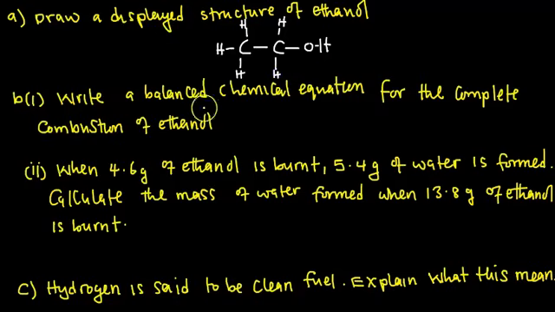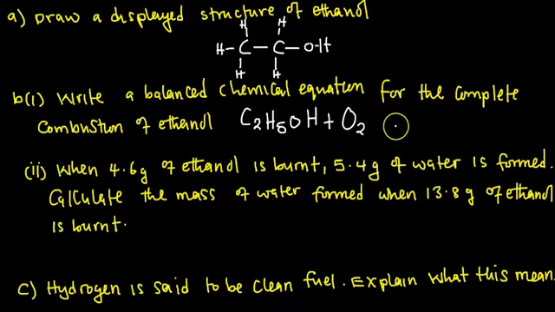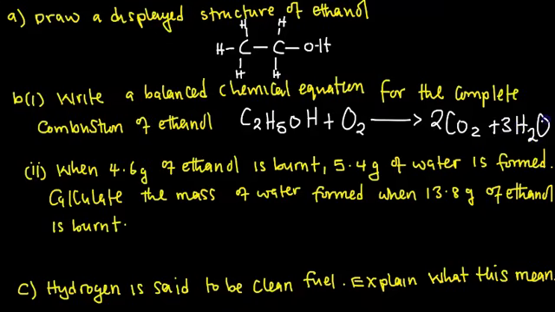Then the second question, write the balanced chemical equation for the complete combustion of ethanol. This is not the first time we are doing this. So ethanol, which is C2H5OH, in the presence of oxygen, complete combustion by the way, which means in full supply of oxygen, produces 2 carbon dioxide plus 3 water molecules.